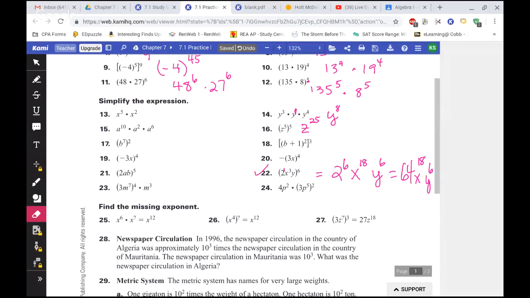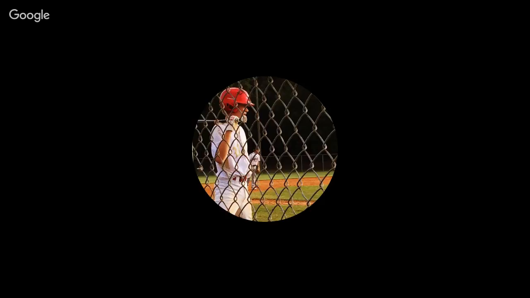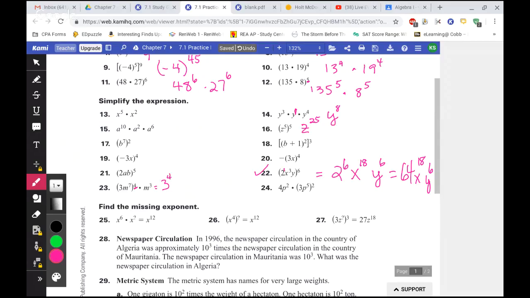And all right, number 23. So number 23, you're going to apply this 4 to everything in the parentheses. So the 3 is going to be raised to what power now? The 4th. Good job. And the m is going to be raised to what power?